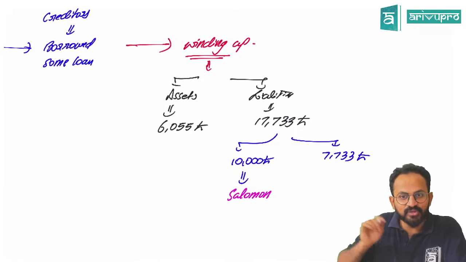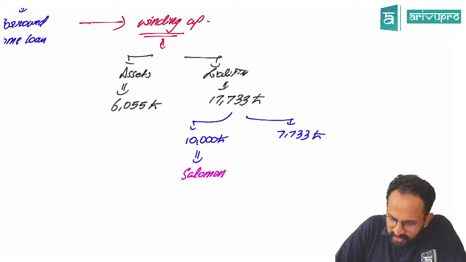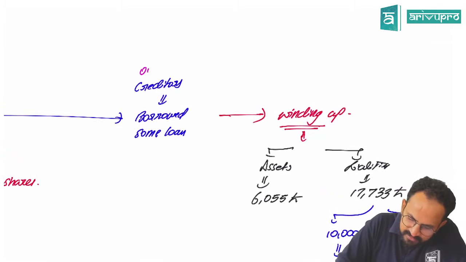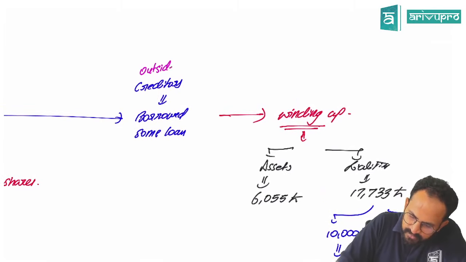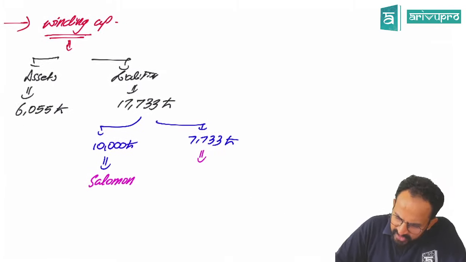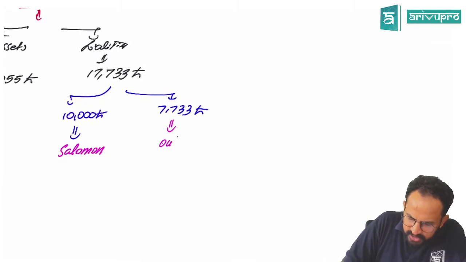This 7,733 is the money which the company had borrowed from outside creditors. So this 7,733 belonged to outsiders.